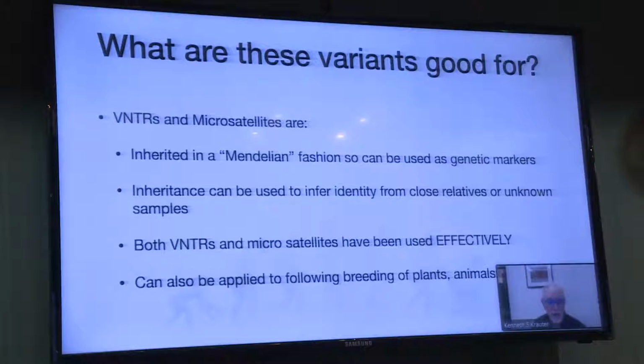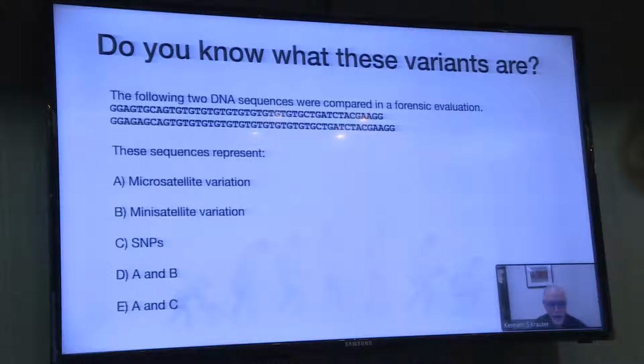For the forensics stuff we're going to talk about VNTRs and microsatellites. As I said, they have the features that they're inherited. You can use them to infer close relatives, and you could also use them to identify individuals unambiguously. Just to make sure you're still there, here are 2 DNA sequences, one from one individual and one from a second individual.